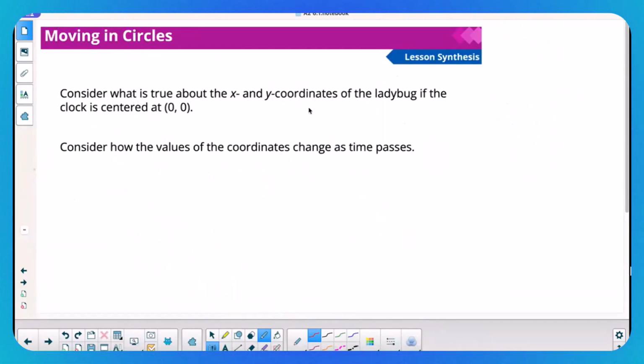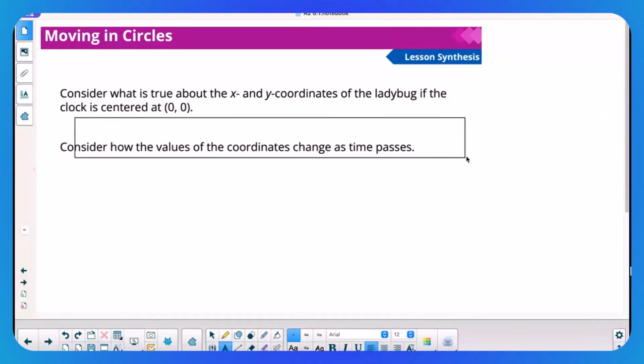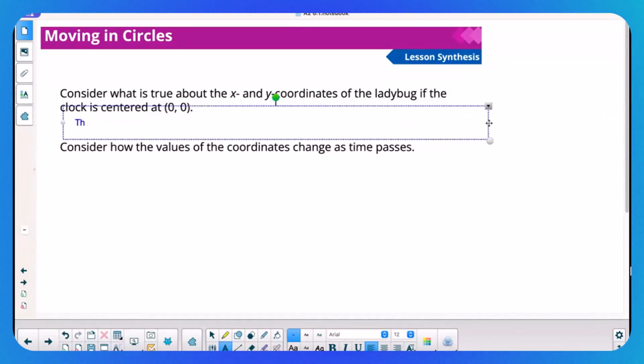All right, consider what is true about x and y coordinates of the ladybug if the clock is centered at 0, 0. So obviously, what is true about x and y coordinates? They are going to repeat as the ladybug travels around the clock.